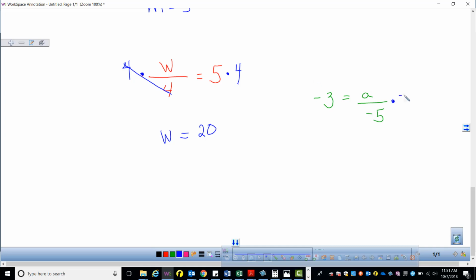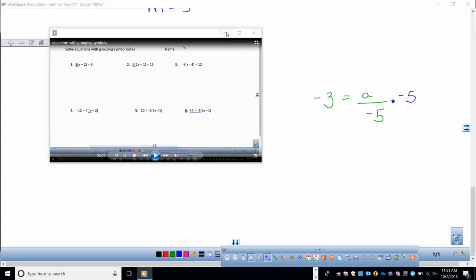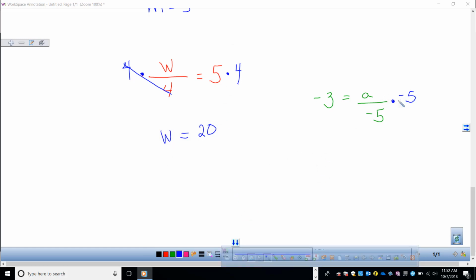So I'm going to multiply by negative 5, and I'm going to multiply this side by negative 5. So negative 5 and negative 5, one on top, one on the bottom, they cancel. So I have a equals, and here I have two negatives, so it's going to be positive 5 times 3, 15, which when it's positive, I really don't need this symbol.